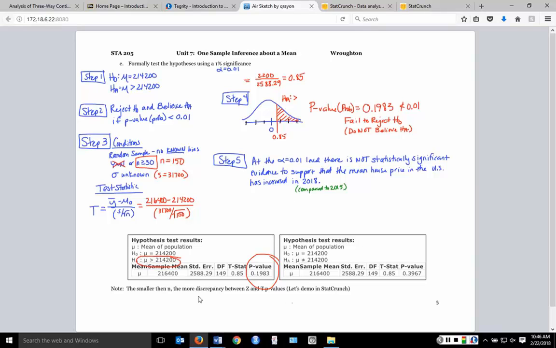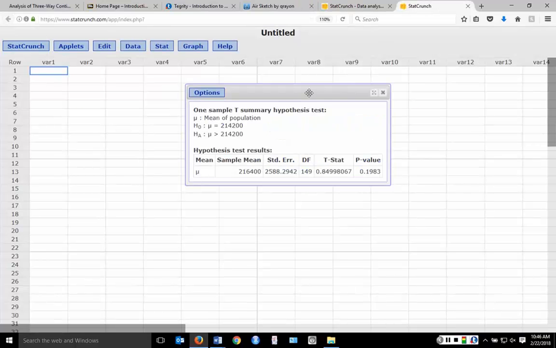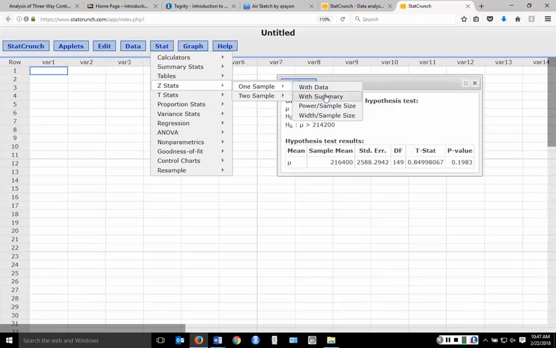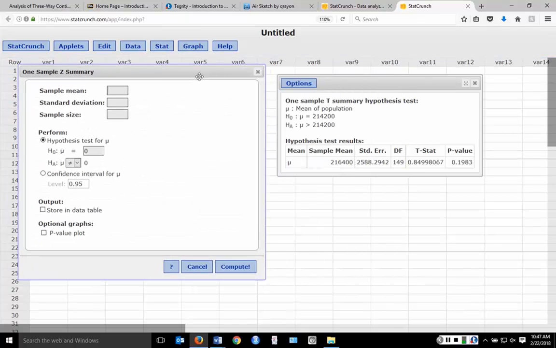To end this video, I just wanted to talk about how z and t are different, and the smaller your sample size is, actually the bigger discrepancy there's going to be. So first, just to show you what would have looked different here, you can technically do the same thing with the z. The difference is it assumes that this is the population standard deviation instead.